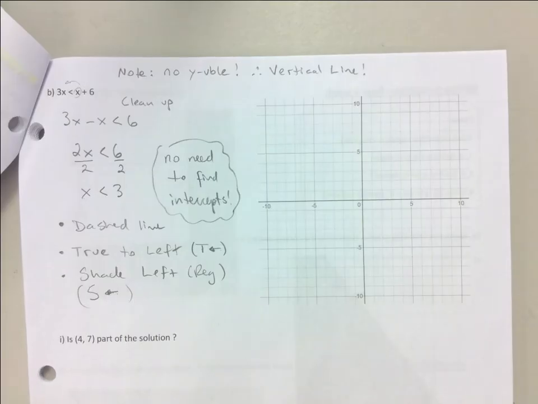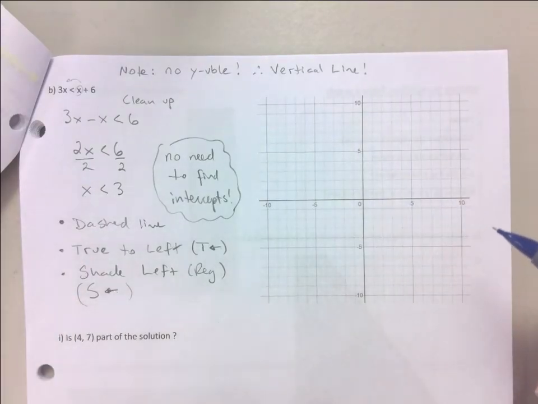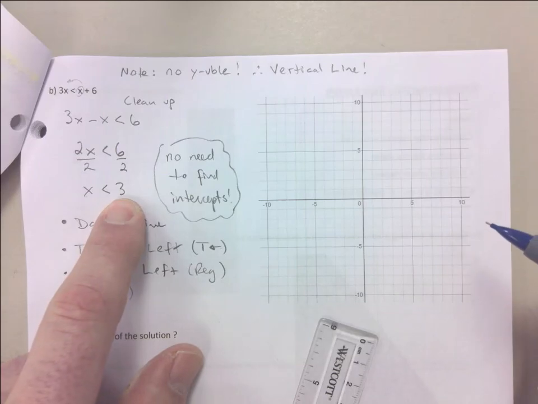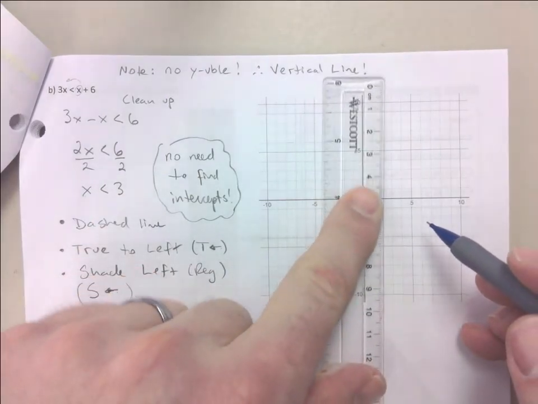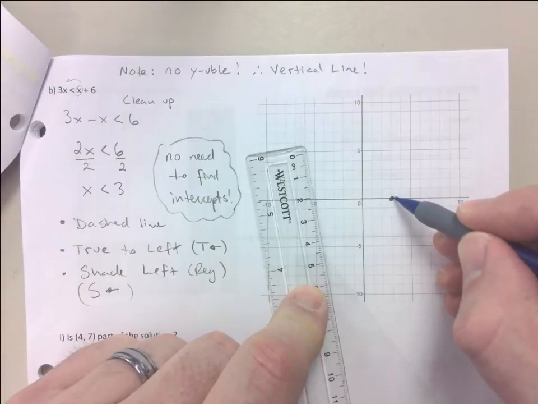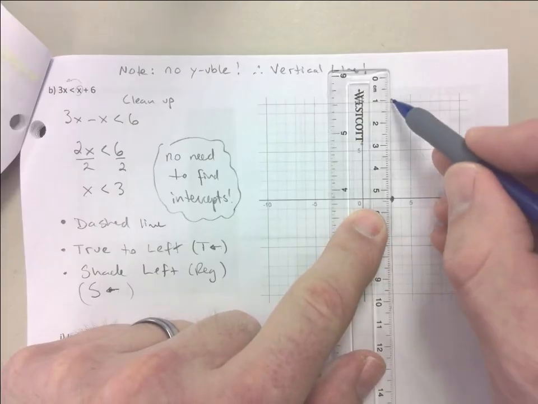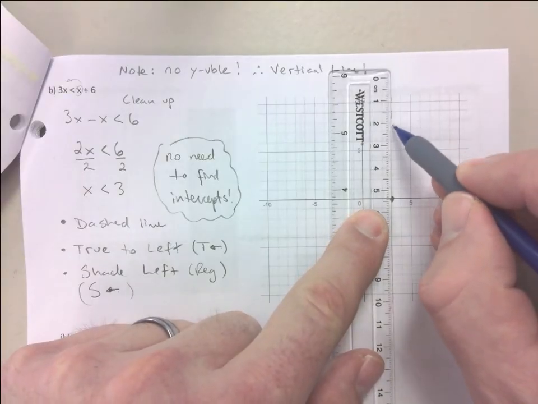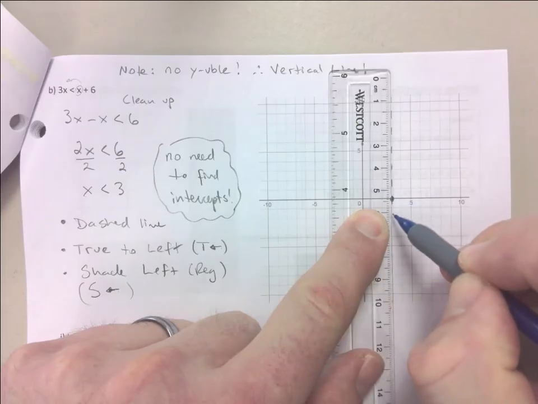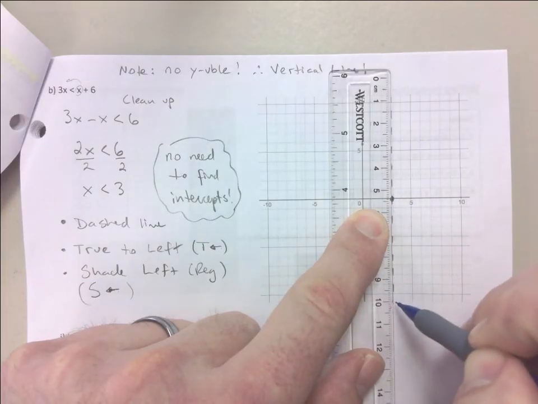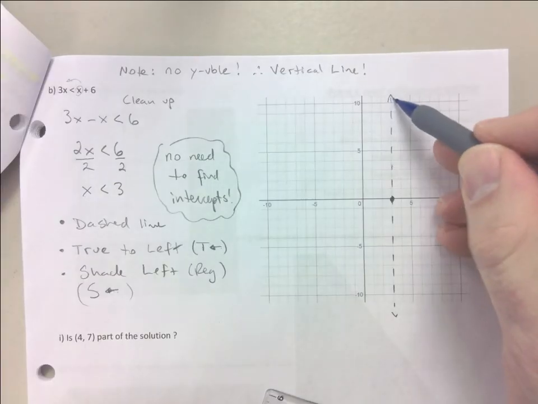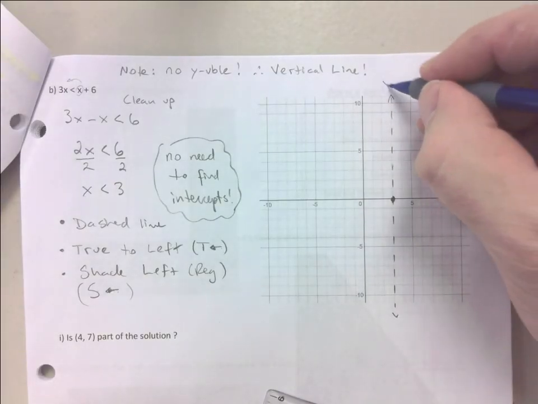Okay. Where is this line going through? If it's positive 3, guys, it's going through this point right here where x is equal to 3. So you put your ruler on there and then just dash it along. Dashing through the plane.